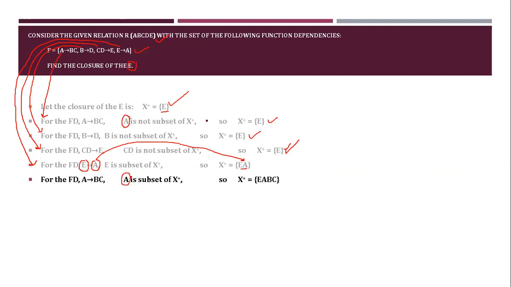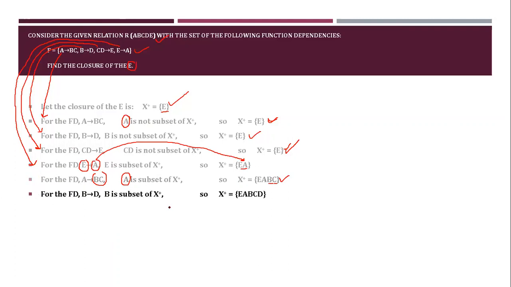Previously, A was not a subset of X plus because X plus was E. But at this moment the X plus is EA, right? So A determines BC, so add BC over here, right?